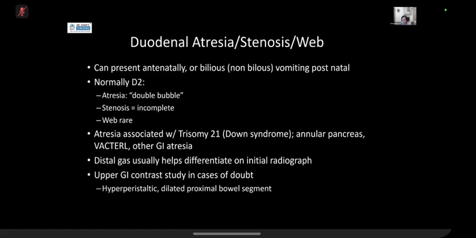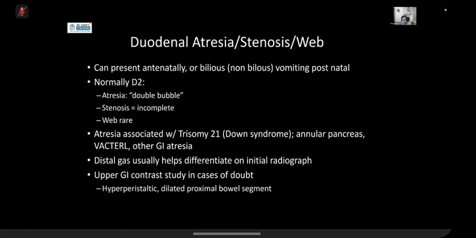To tell the difference, the surgeons will need to go in to have a look. But it's easier for us because it's whether there is distal bowel gas present. And of course, with stenosis, you can get hyperperistaltic bowel seen on fluoro prior to the obstruction, and then distally it takes some time for contrast to go through, and distally you can see bowel gas. Duodenal webs are rare, but we do see them from time to time.